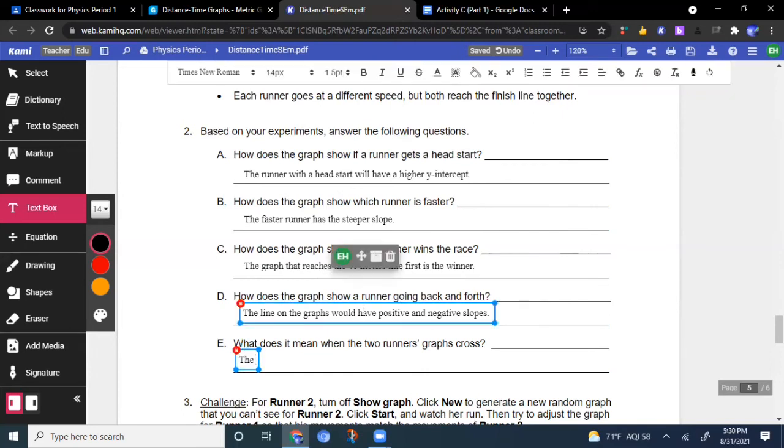The point on the graph where two runners cross is where they have the same position. In other words, same location. They're just pointing in opposite directions.